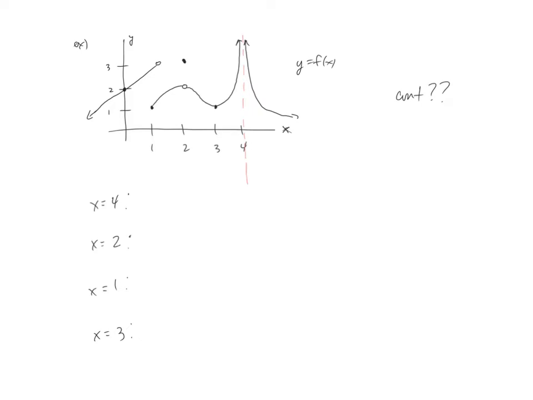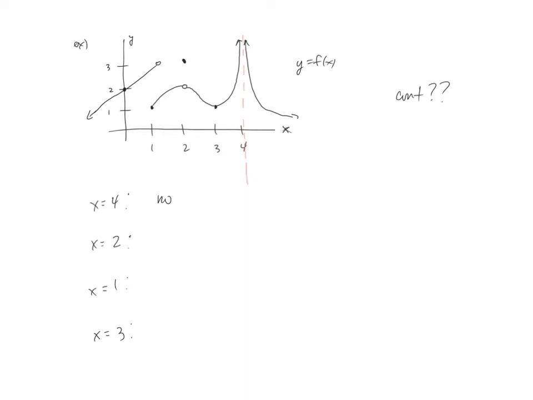We'll take a look at 4. To really understand whether or not something is continuous, we have to go back to the definition. I think intuitively most people would see x equals 4 and say, no, that's not continuous. And you're correct, it's not continuous. But why? Which one of the conditions that we discussed is not met?